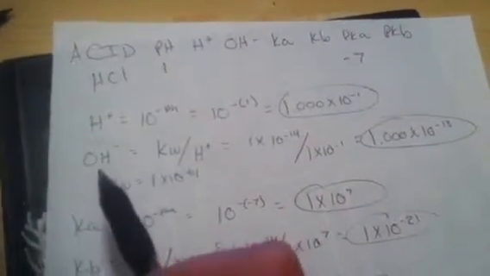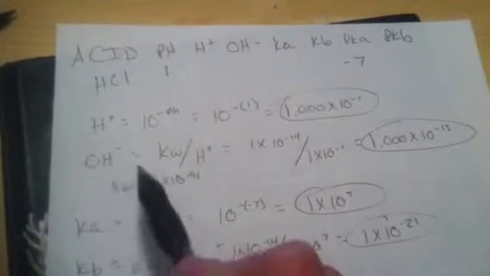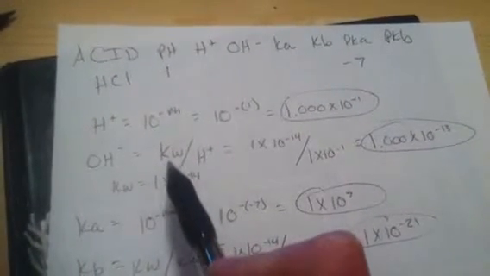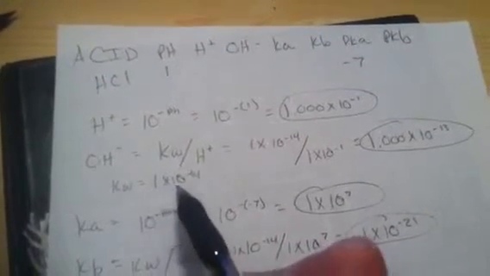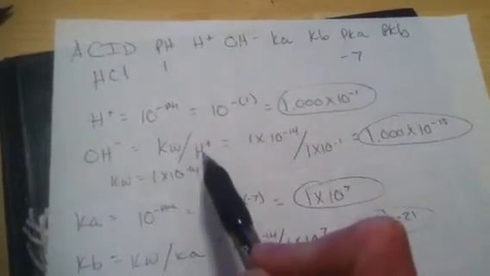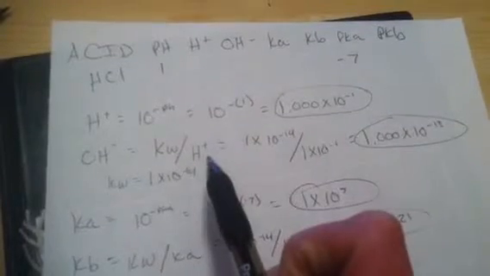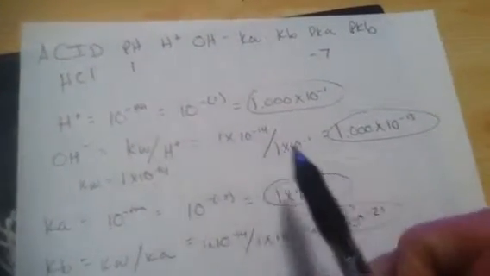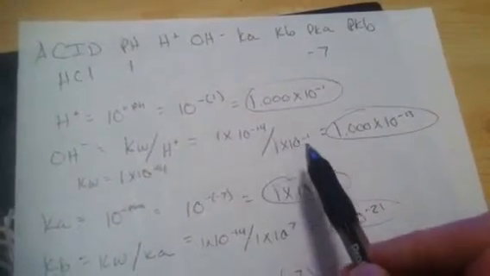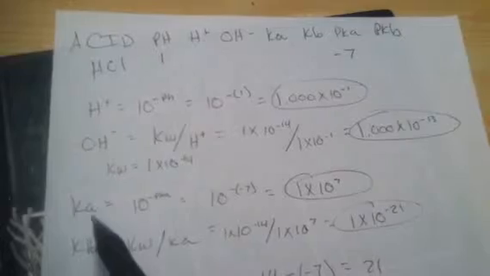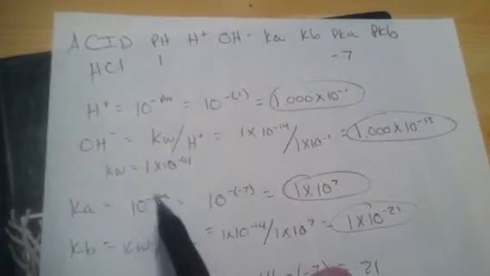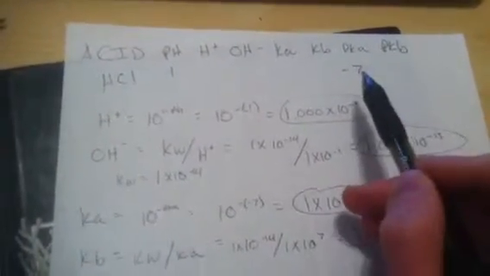To solve for the hydroxide ion concentration, we take K sub W, which is 1 times 10 to the -14, divided by the hydrogen ion concentration, and we just plug in the numbers here, and this gives us our hydroxide ion concentration.